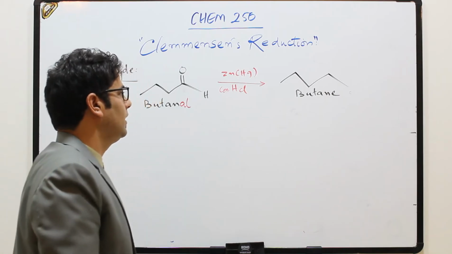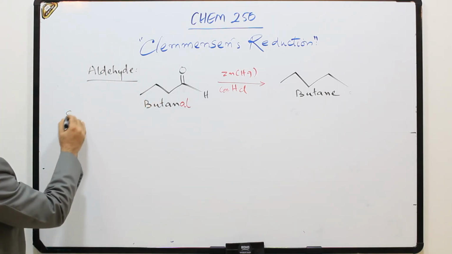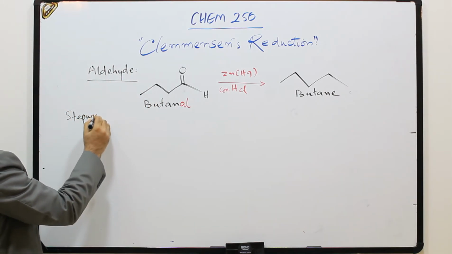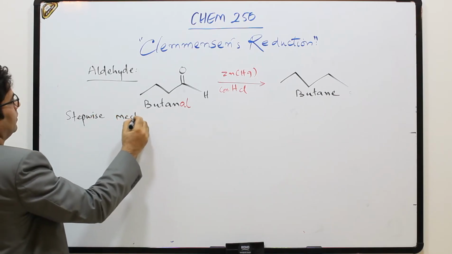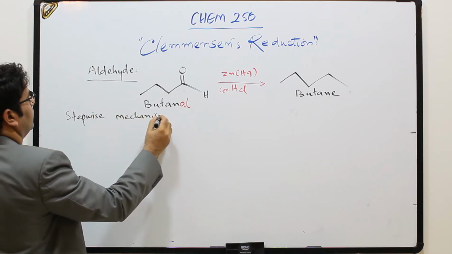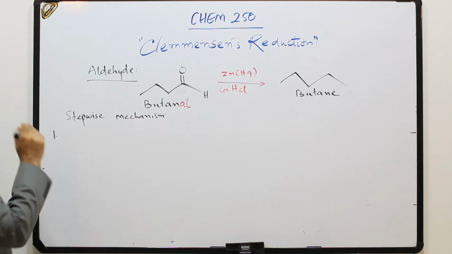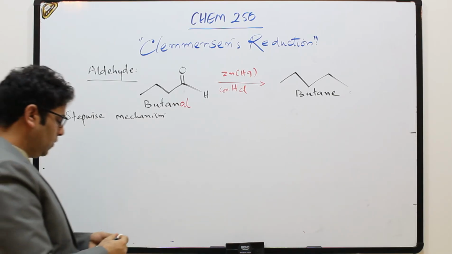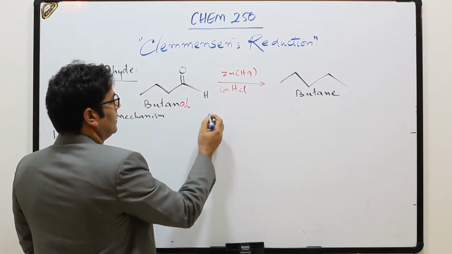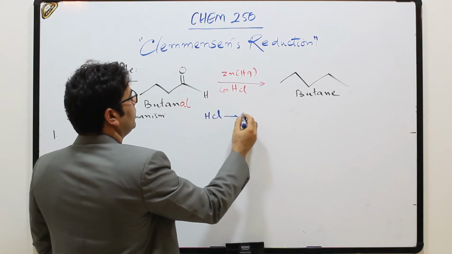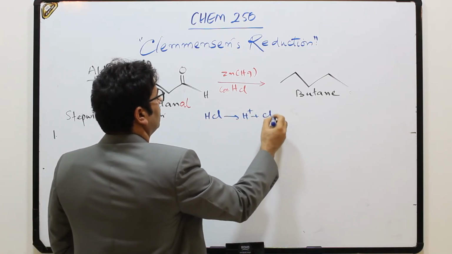Butane, this is alkane. Stepwise mechanism. In step number 1, don't forget this concentrated HCl will give H positive plus Cl minus.